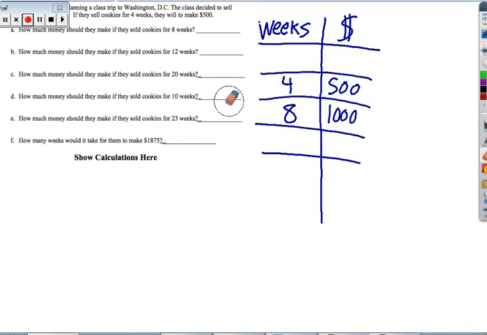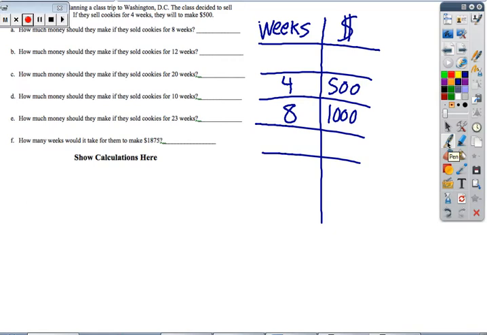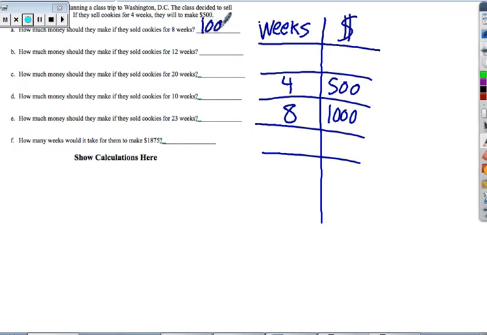So now they go on to ask us, after we figured out that for 8 weeks we make $1,000, how many for 12 weeks? Well, because I know that in 4 weeks I'm going to make $500, I know that if I add 4 weeks to 8 weeks, I'm going to get 12 weeks.